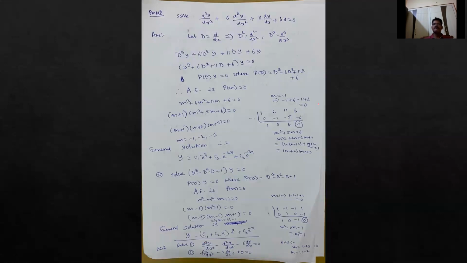See one problem. For example, d cube y by dx cube plus 6 d square y by dx square plus 11 dy by dx plus 6y.